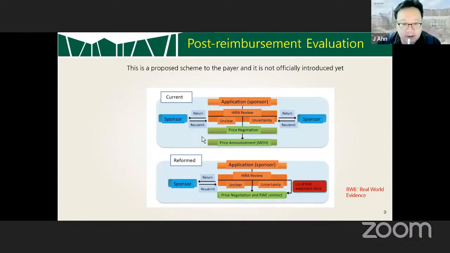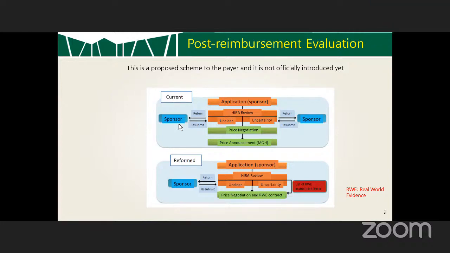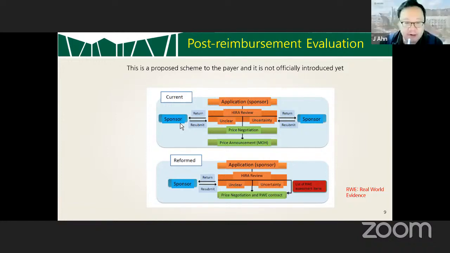In the current system, all kinds of uncertainty are sent back to the sponsor or the company to revise and resubmit, and if they cannot, it influences their proposed price to be lowered. But under the reformed plan, those uncertainties can be postponed to the post-reimbursement evaluation. So there will be a list of assessment items from the uncertainties, which can be reviewed after reimbursement.